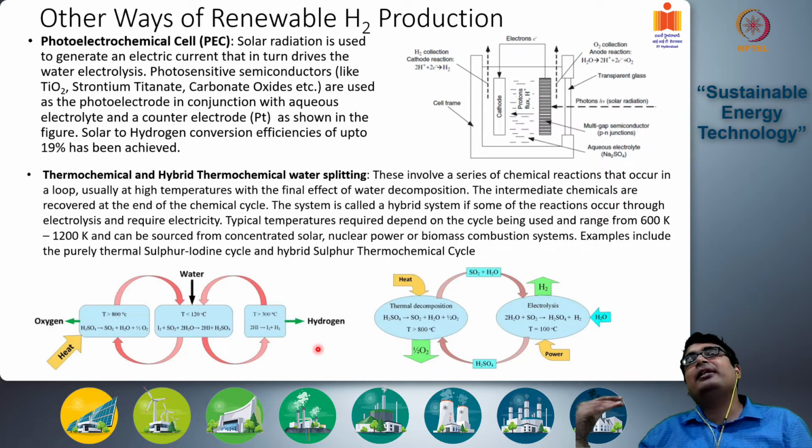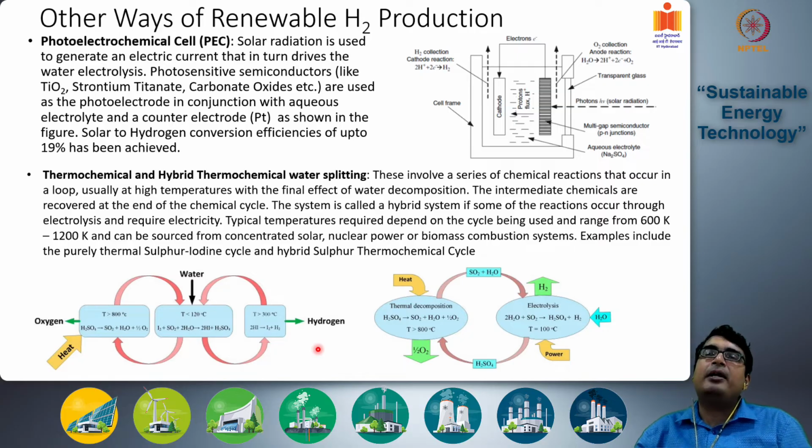And this hydrogen then can become your energy material that this concentrated solar power plant is generating. Similarly, if you have a biomass combustion system, instead of generating electricity, you can use this process to generate hydrogen instead. Okay, so that is one advantage.